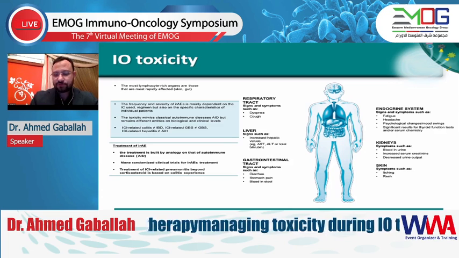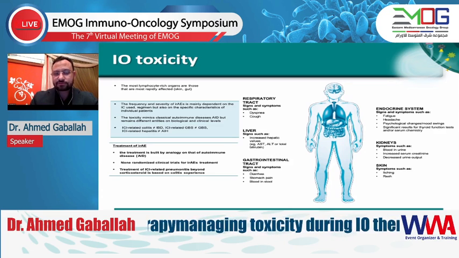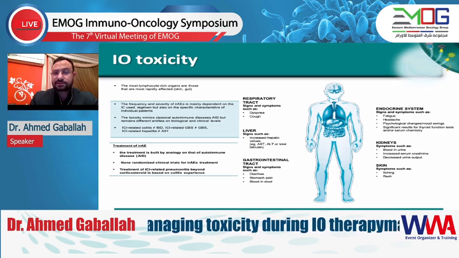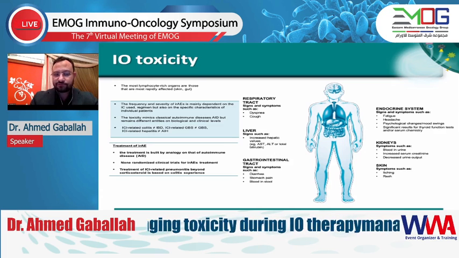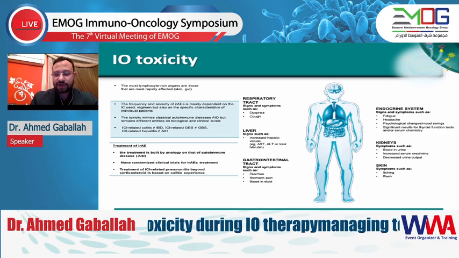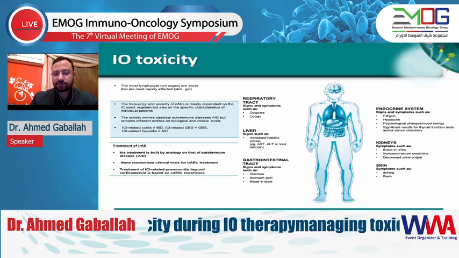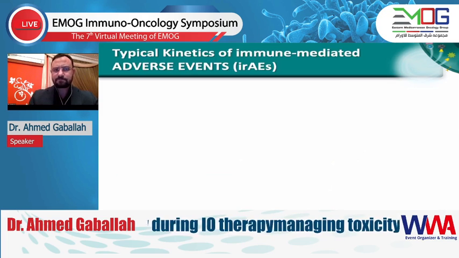The treatment of immune checkpoint inhibitor related pneumonitis was extrapolated from the management of immune checkpoint inhibitor colitis. So we don't have a specific medication for immune checkpoint inhibitor pneumonitis.